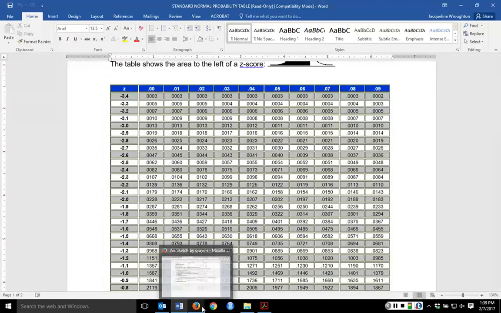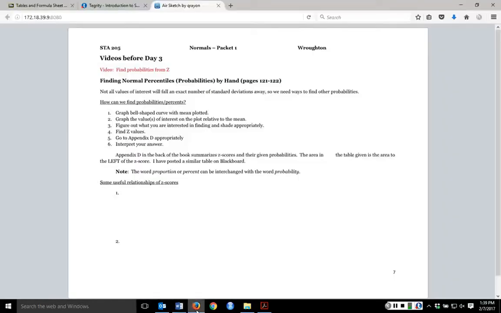So let me give a quick little example in here. I'm looking at my table, and let's say for an example, I want everything to the left of the value where my z is equal to negative 1.07.